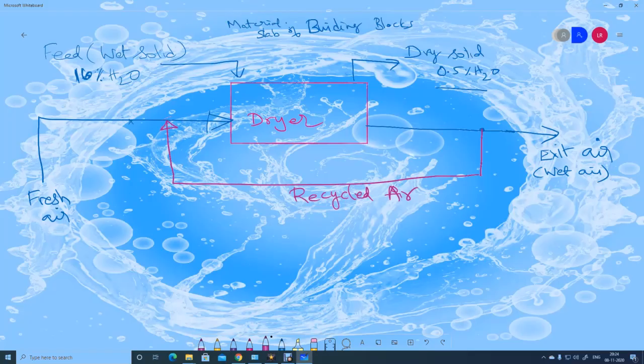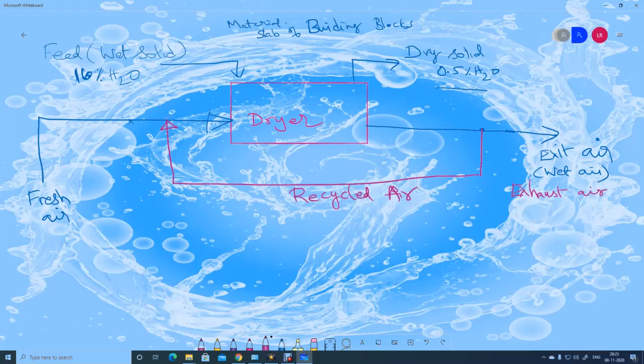It can be exhaust air also. So we have fresh air, we have exhaust air, and we have recycled air.